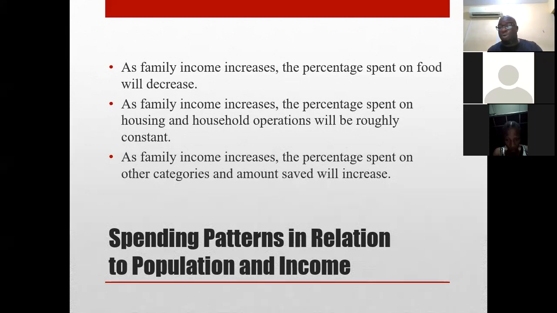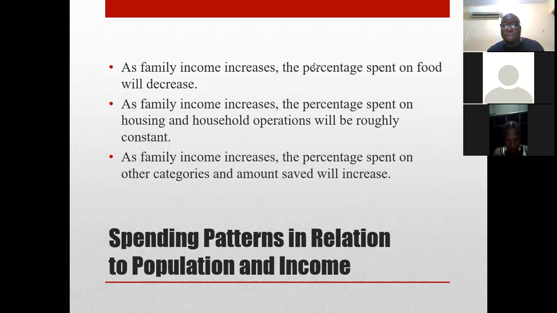Many of those laws don't sound right, but it's only when you calculate it. Usually in my class, I would calculate it for you and we would see that it's true. But you can try and calculate it. Let me try and explain the way I would have explained in class. So if the family's income increases, should you not be spending more on food?